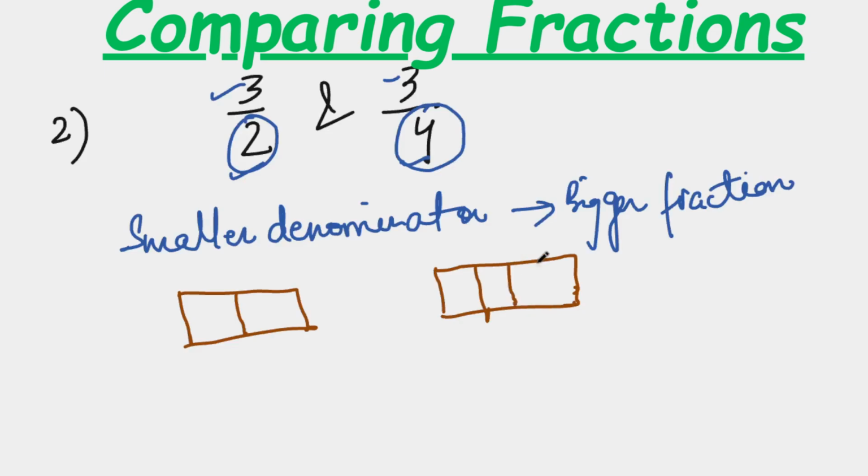Now tell me, which bar has the bigger size of parts? This chocolate has two parts and this chocolate has four parts. So is this size bigger or is this size bigger? Of course this one, right? That is why when the numerators are the same, the fraction which has a smaller denominator is the bigger fraction. If we take just one part of this chocolate, we will have more chocolate as compared to one part of this chocolate. Clear?